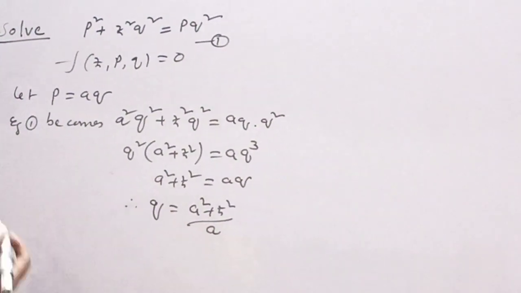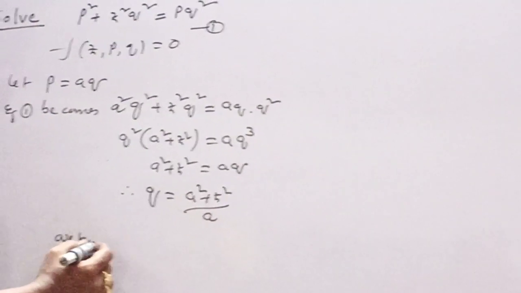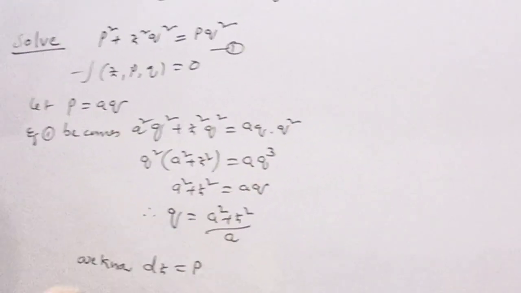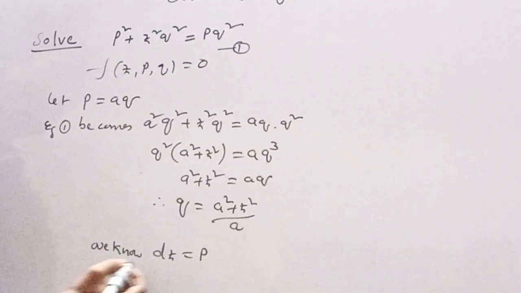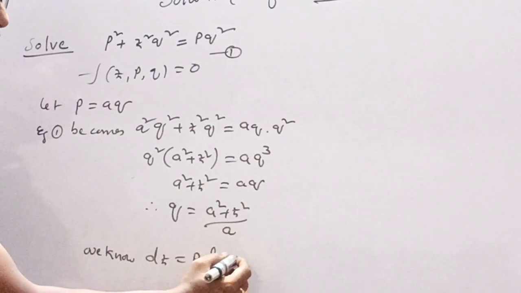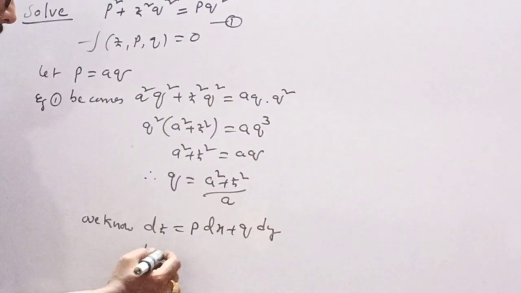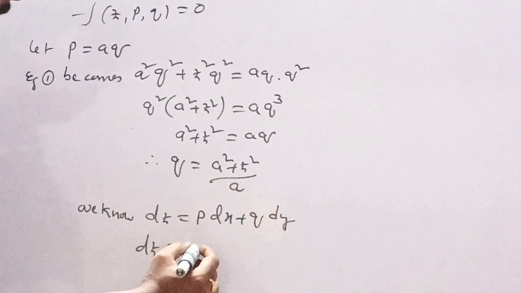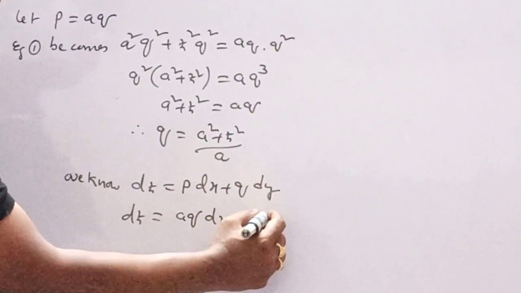We know the solution. dz equal to, already we know, dou z by dou x into dx plus dou z by dou y into dy. So directly we are writing p dx plus q dy. So dz equal to, already we are assuming p equal to aq dx plus q dy.